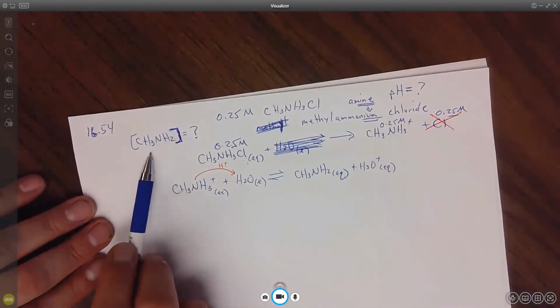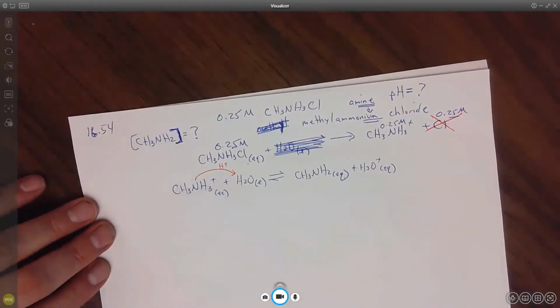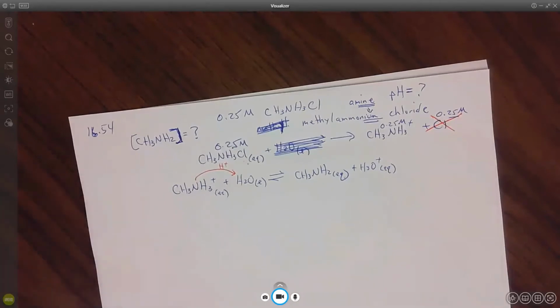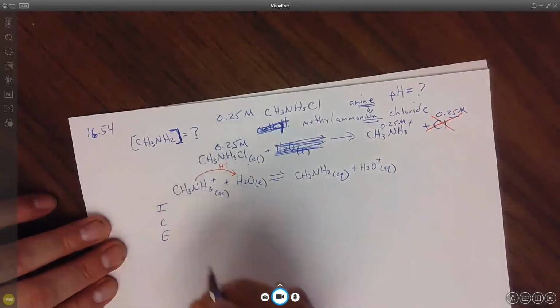Big picture, how am I going to get this? I just want you to step back and think about how you're going to solve this problem overall. Generally through ICE tables. Okay, so if I'm setting up an ICE table, what in this ICE table is going to help me answer that question?